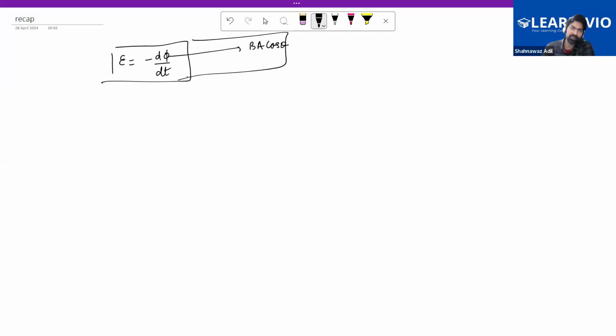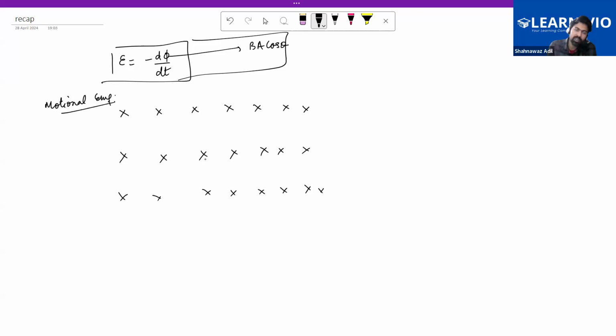That's right. And let's say that we have a magnetic field which is going inside. So this is the magnetic field, and we are talking about motional EMF. And what we are doing is that we have this aperture, right?